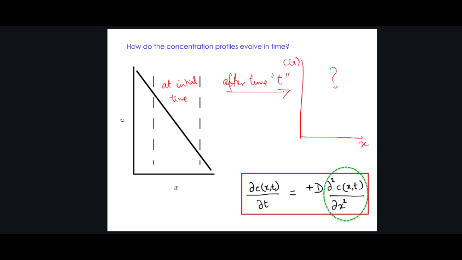This is a very common scenario, especially in biology, where you have, say, a burst of nutrients. Or you have a burst of, say, toxic chemicals which are released by an organism or something.